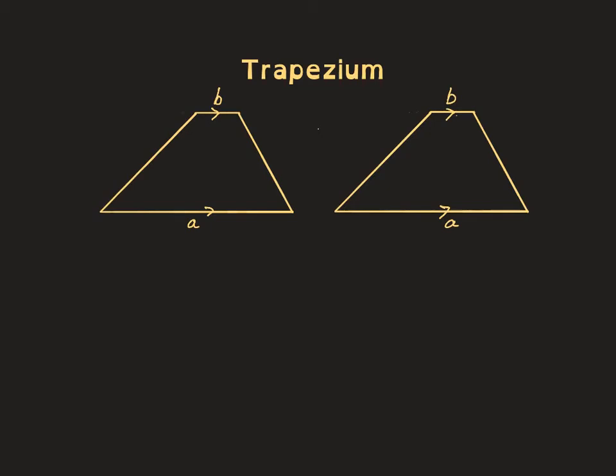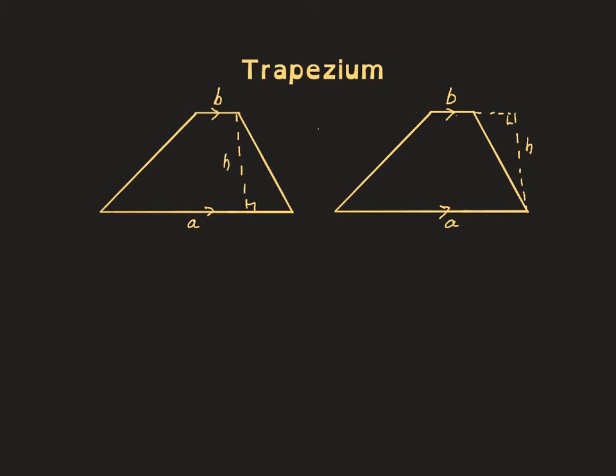Like a parallelogram, a trapezium has height, which is the perpendicular height between the parallel lines. Also, like the parallelogram, sometimes people draw this height outside of the figure, where it would be drawn like that. But these two heights are the same.